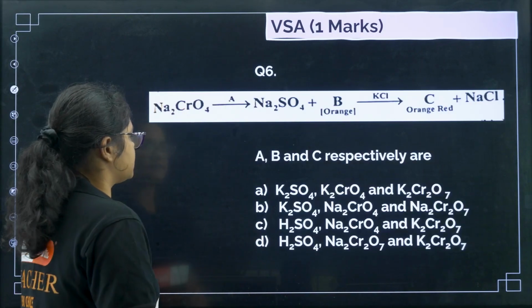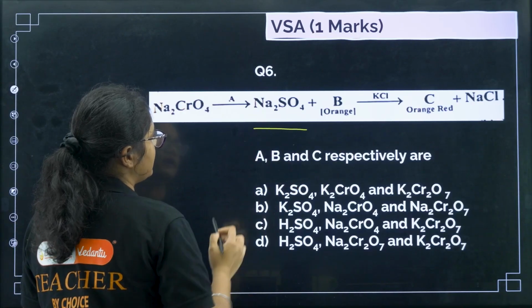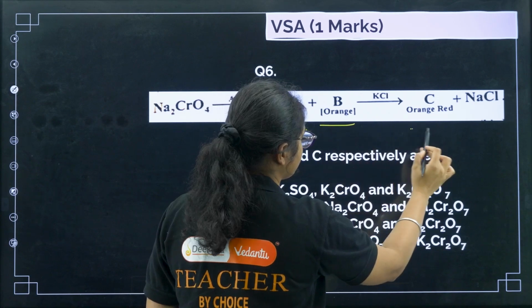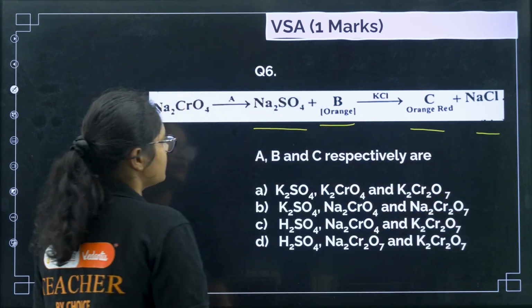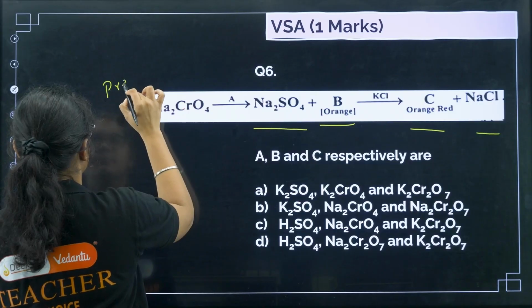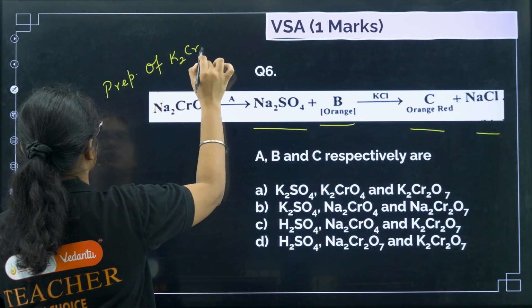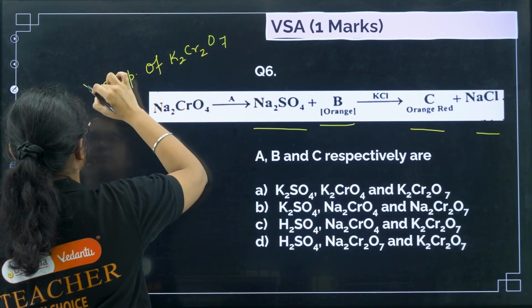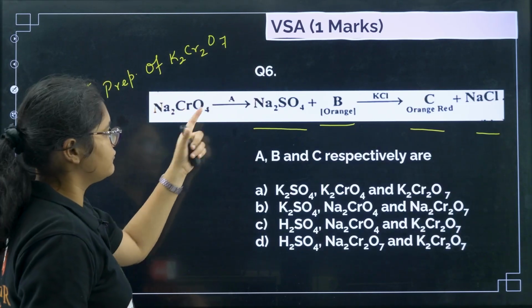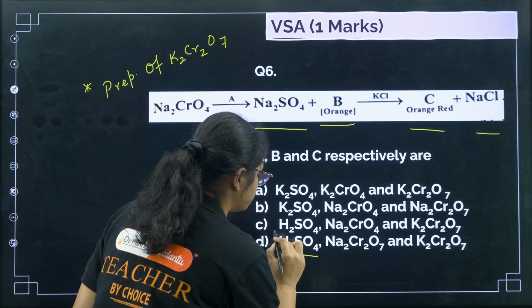Next, question number 6. Na2CrO4 in presence of A will give you Na2SO4 and B, that is an orange compound, then with KCl you get C plus NaCl. This equation is from the preparation of K2Cr2O7. Very, very important question. First of all Na2CrO4 is converted to Na2SO4, that happens in presence of H2SO4.